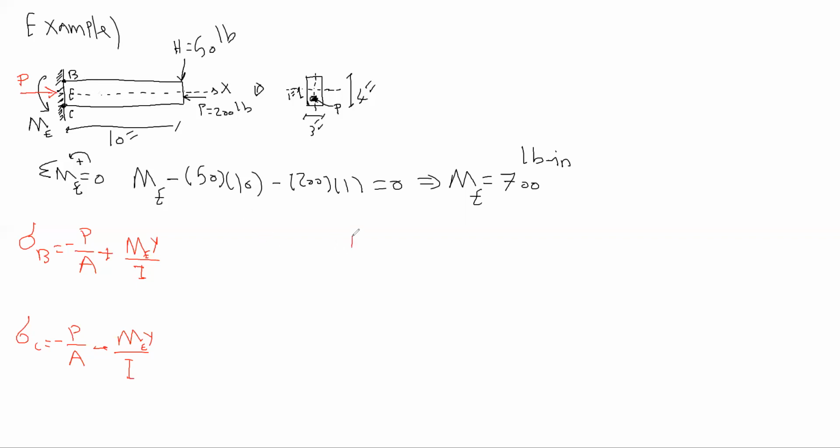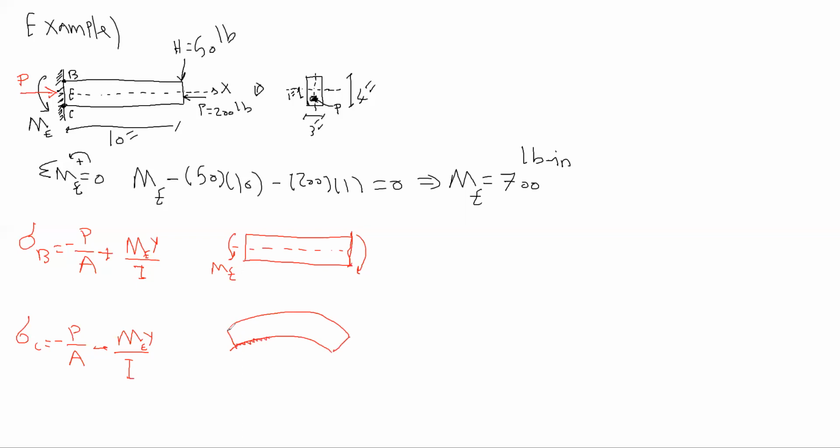Pick a section. This is also M because of the equilibrium. Then its shape looks like this. This is the neutral axis, for example. The shape would look like that, right?